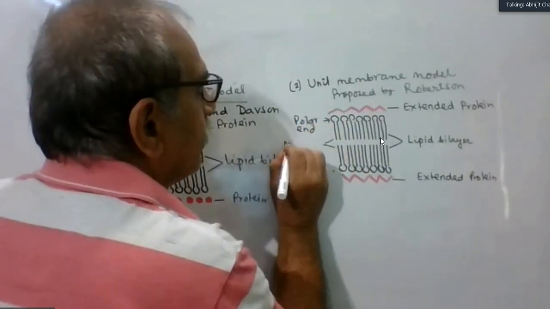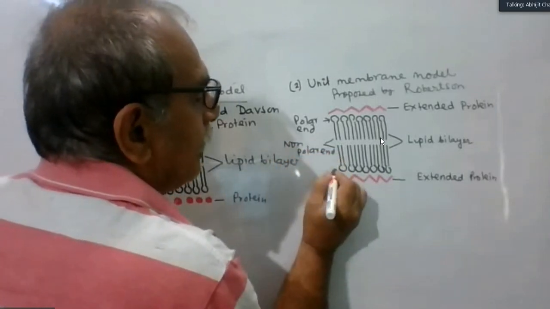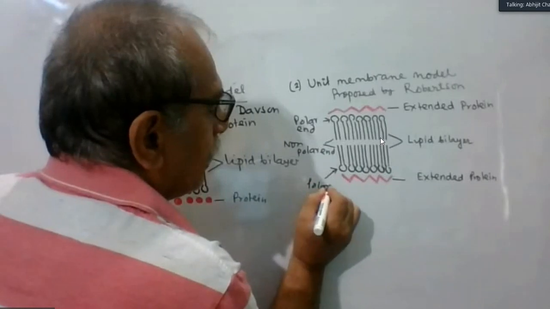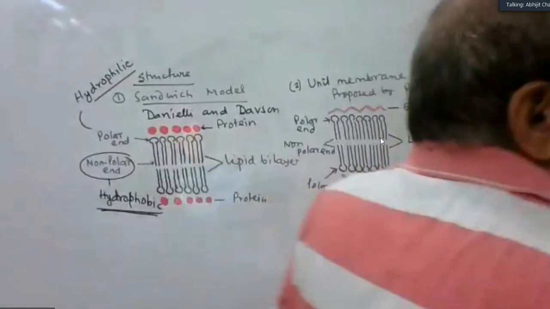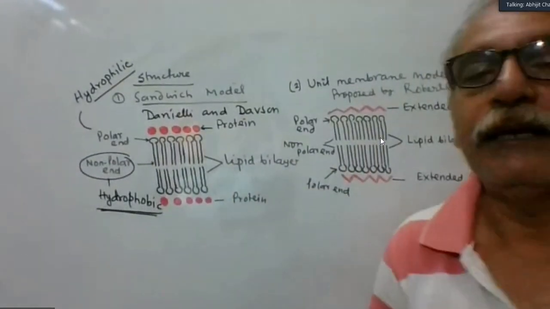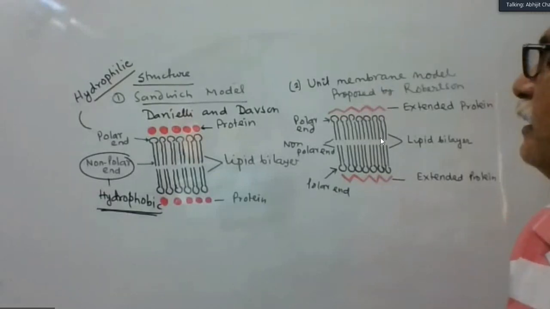Here you will get the non-polar end. Again it is the polar end. Here also proteins are not found to be attached to the lipid bilayer. You see, proteins are not found to be attached to the lipid bilayer.